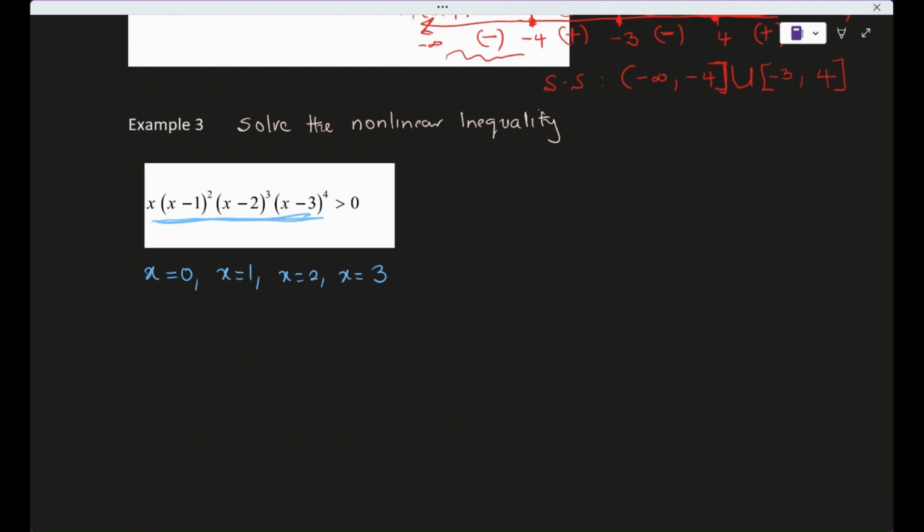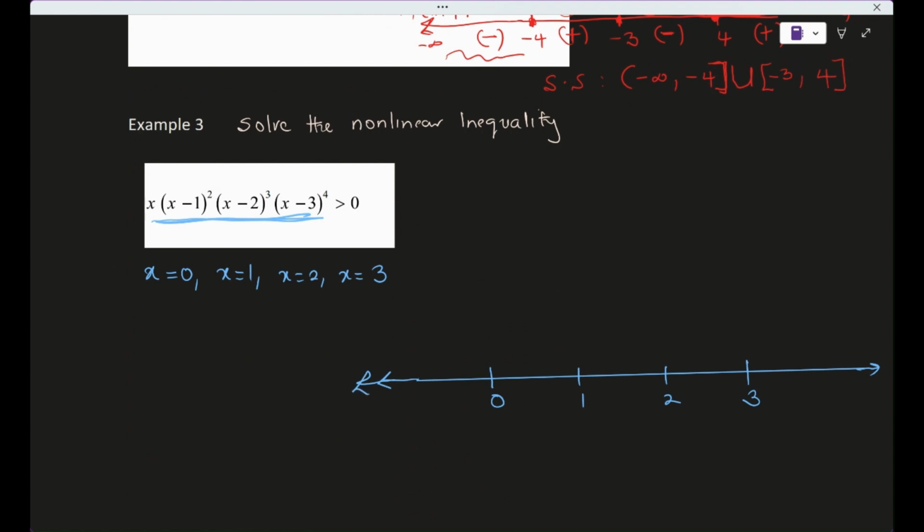And clearly we just need to go to the table. So here we start with, which one is the smallest? 0. So we start with 0. Then we have 1, 2, 3.